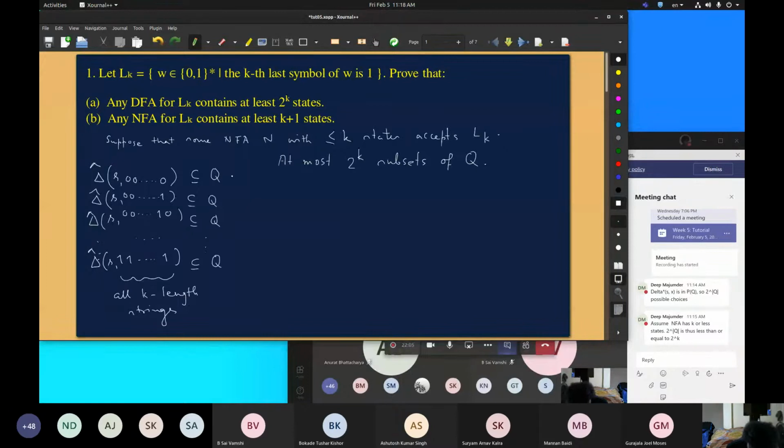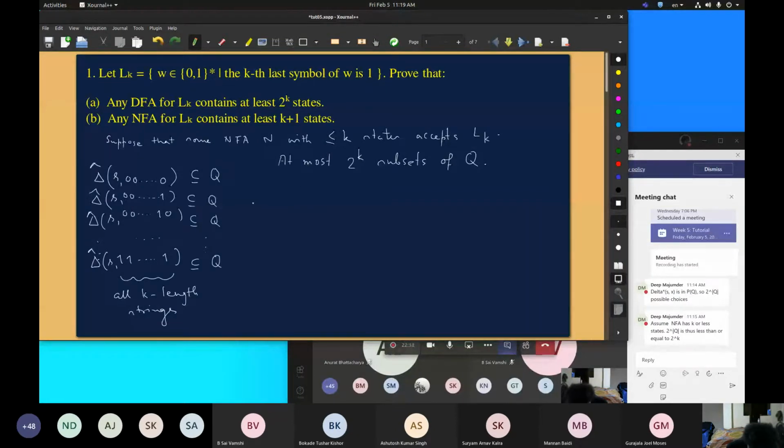There are 2 power k of them, and there are 2 power k possibilities. So we still do not have more holes than pigeons, and we can still have all these states different. So I have still not reduced to a situation where I can use the pigeonhole principle.